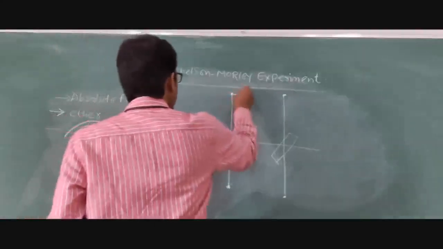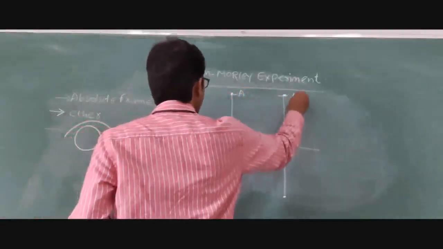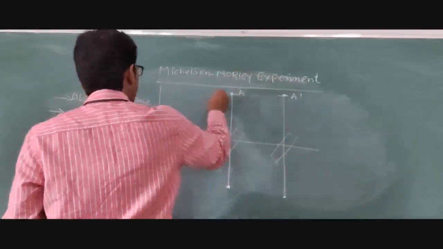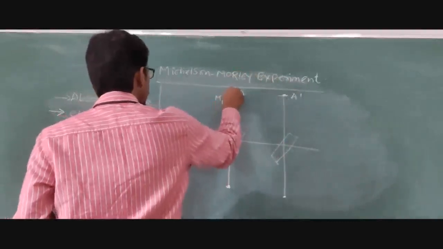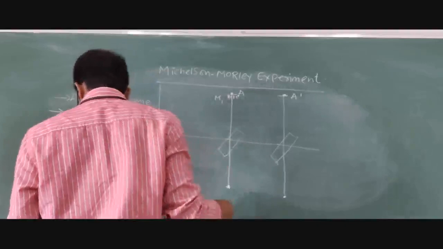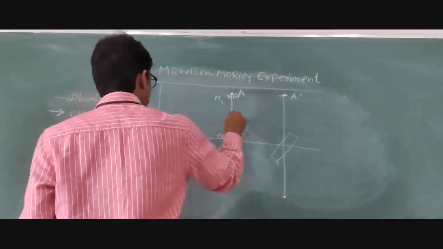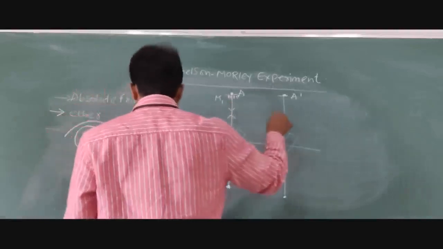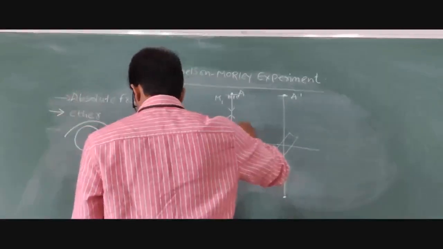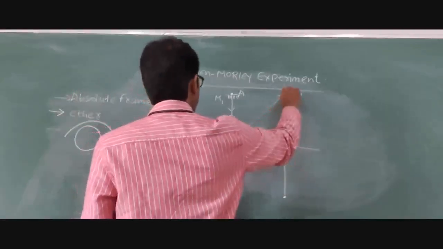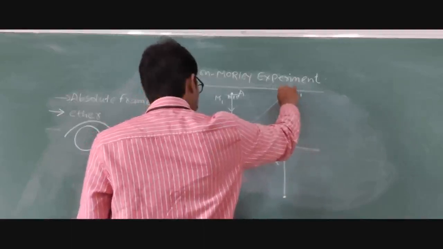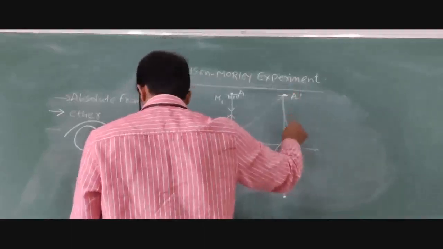Here we have A, then A dash, and M1. Understood? And then G, arrow, and from here the light is moving in this direction and falling on this.